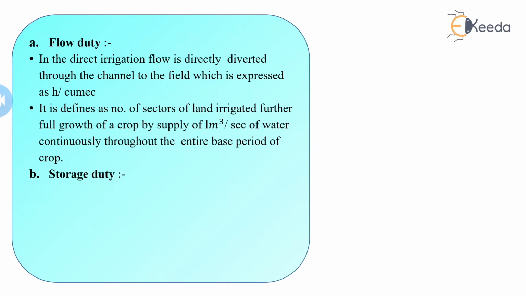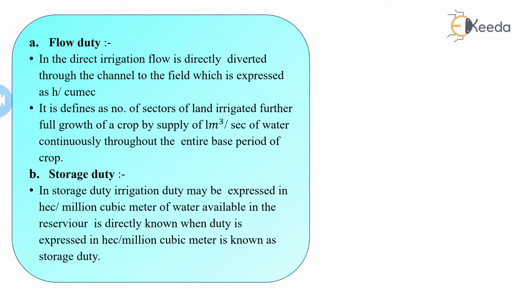Then we have storage duty, which is also called quantity duty. When it is not possible to directly divert the water through channels, because in some regions we do not have a perennial river, we have to store water in the monsoon period and then discharge it in the non-monsoon period.